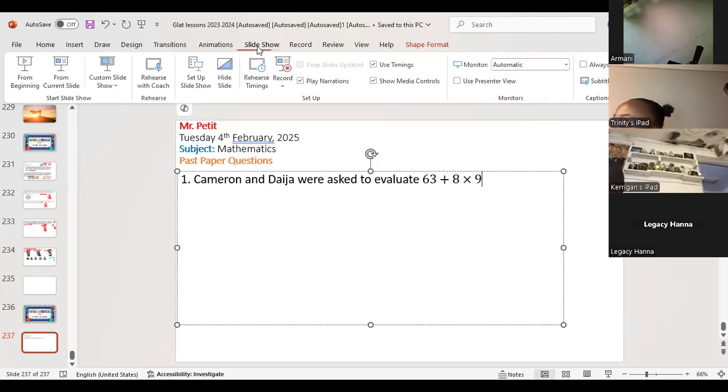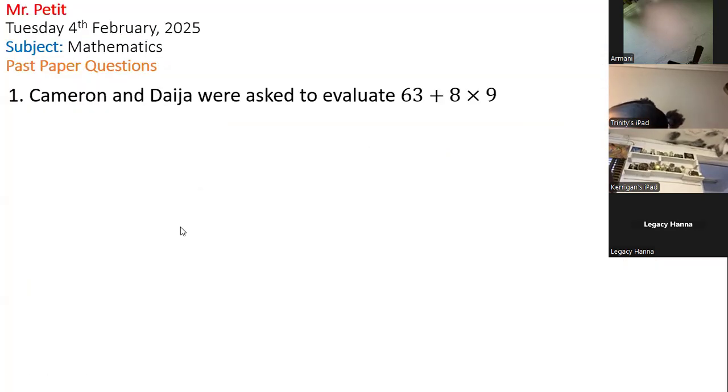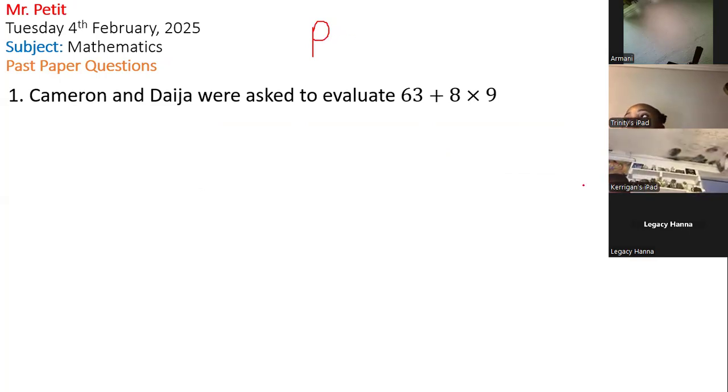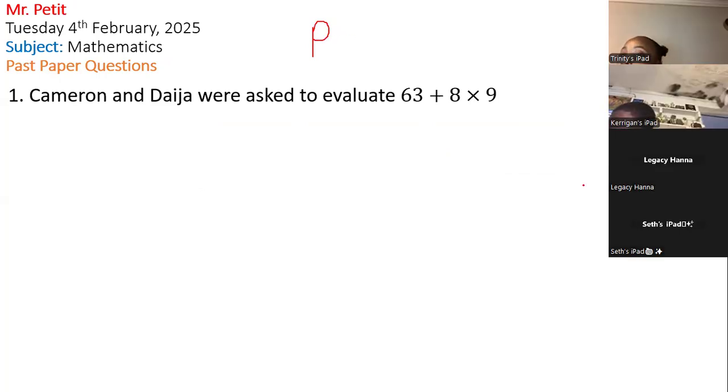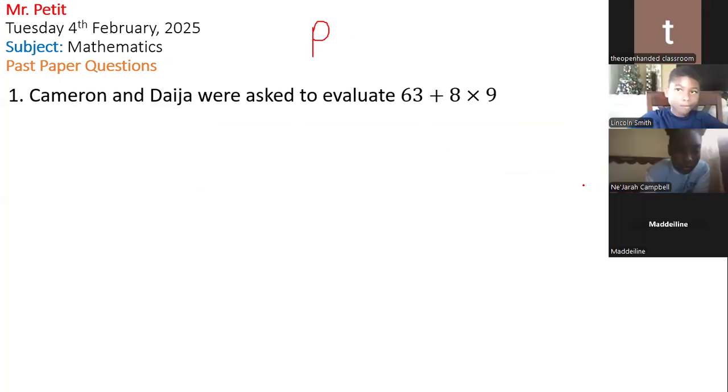For questions like this, please remember PEMDAS. For PEMDAS, the P stands for parentheses, very good. The E stands for what?